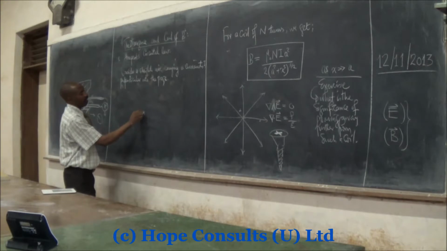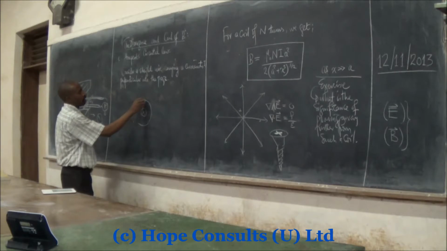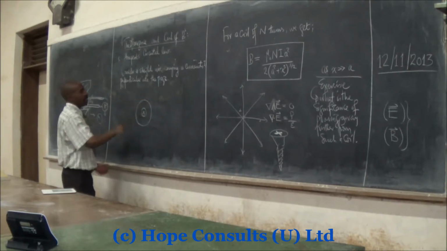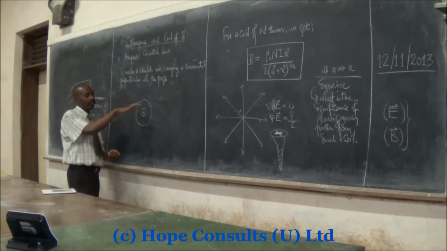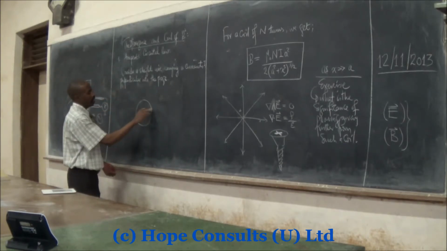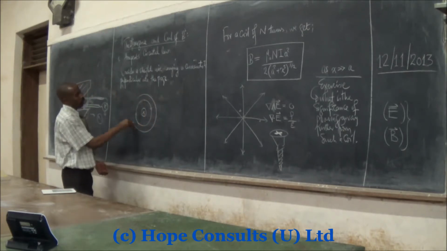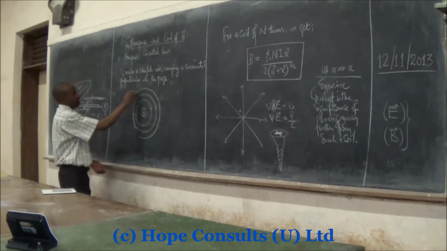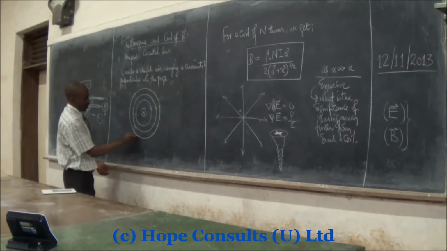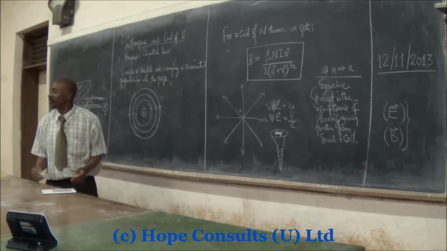I got this as the symbol, and then I can draw my concentric circles. Because this is pointing into the blackboard, my fingers go up, then down. Draw another one. I can draw as many as possible, but I'm hungry enough not to draw many. I can stop at those.